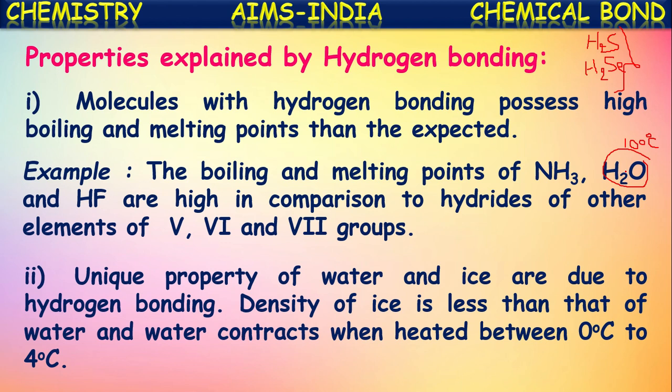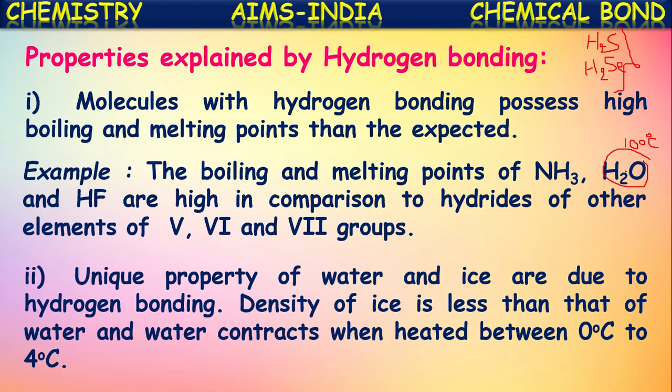And water contracts when it is heated between 0 degrees and 4 degrees. Means when the ice is heated, slowly it converts into liquid form. So it starts increasing its volume. But after coming to 0 degrees Celsius, slowly it contracts again. Till 4 degrees Celsius it contracts. Means water has its minimum volume at 4 degrees Celsius.